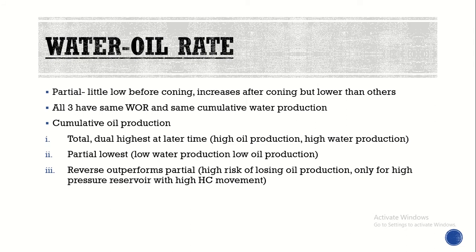As for water oil ratio, partial penetration has very low coning, but increases with time, but still lower than the others. All three of them have the same WOR and same cumulative water production.